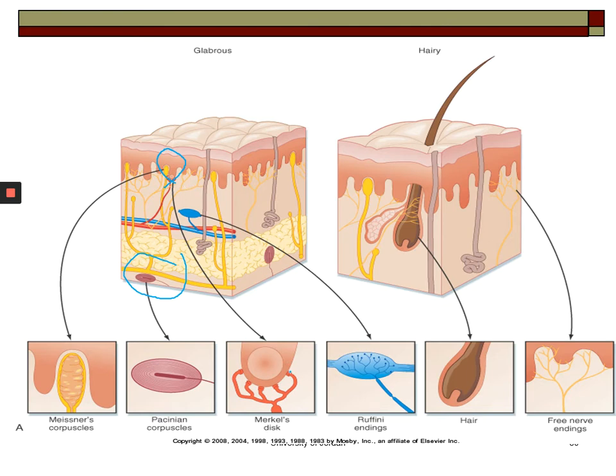We will see its picture right away. And this is the Ruffini end organs found in the dermis, sensitive to pressure. This is the hair end organ, hair shaft end organ. And this is the free nerve endings found just below the epidermis. Okay.